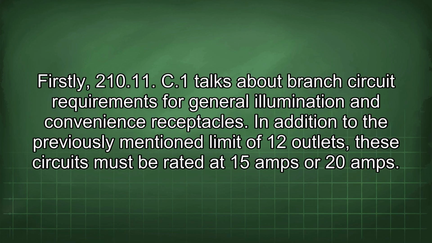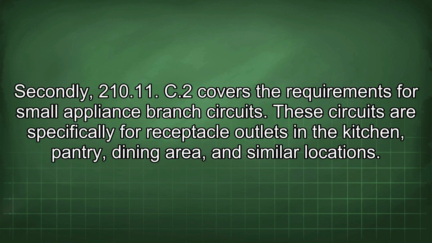Firstly, 210.11.C1 talks about branch circuit requirements for general illumination and convenience receptacles. In addition to the previously mentioned limit of 12 outlets, these circuits must be rated at 15 amps or 20 amps. Secondly, 210.11.C2 covers the requirements for small appliance branch circuits.